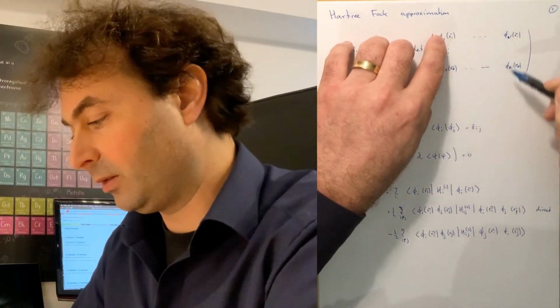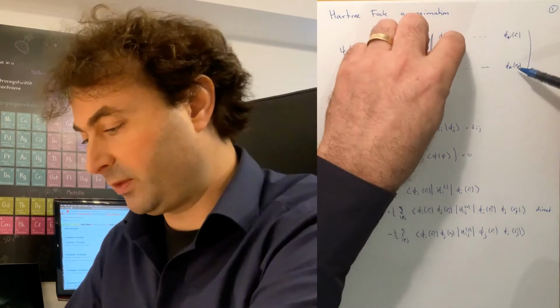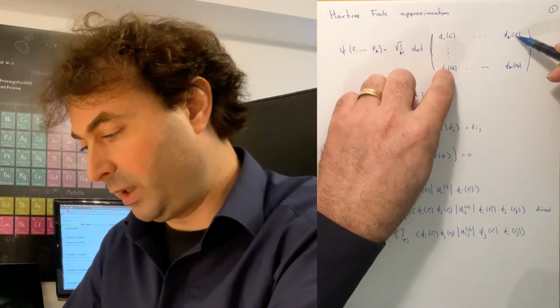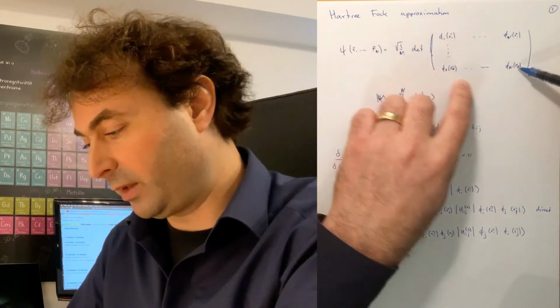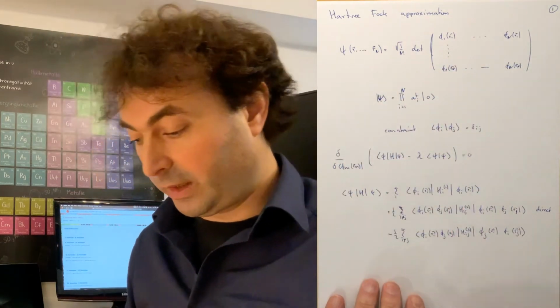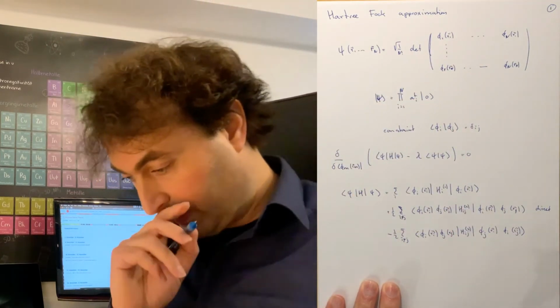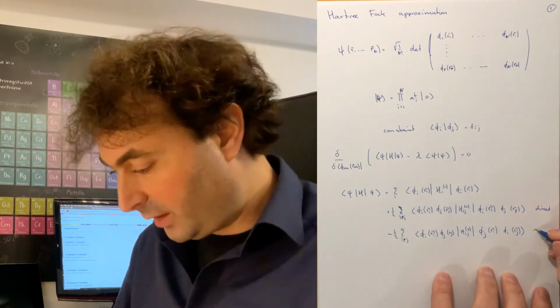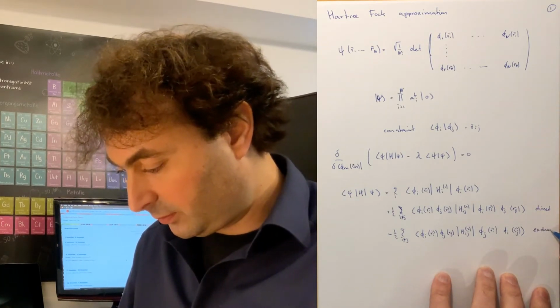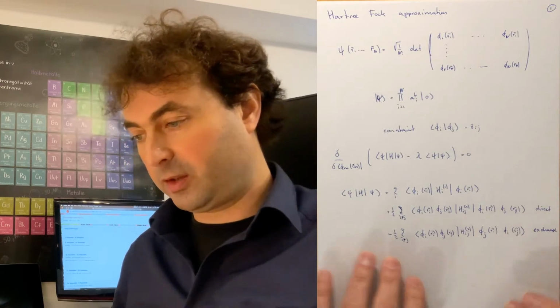If we take a determinant, we have this one times this one minus that one times that one, so when I exchange my coordinates I get a minus sign, and that's exactly what we have here, and we have exchanged it once. So that is the exchange part of the Coulomb interaction.